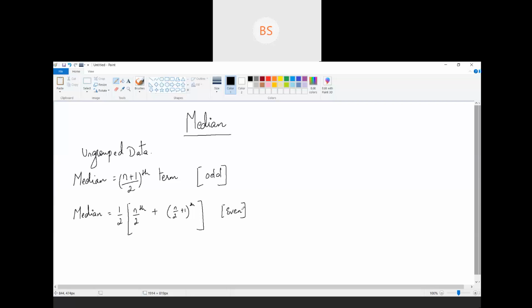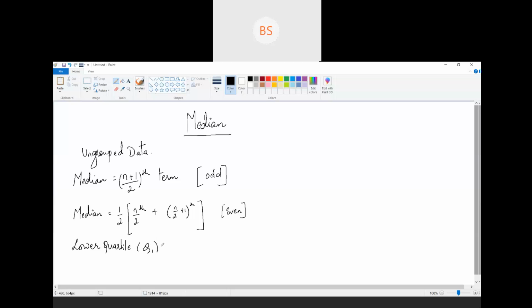Now when I divide the whole set of observations into four equal parts, then the first part is called the lower quartile, which is denoted by Q1.